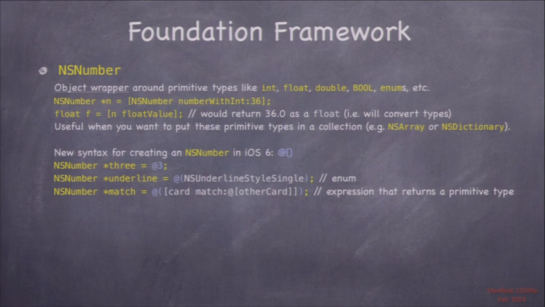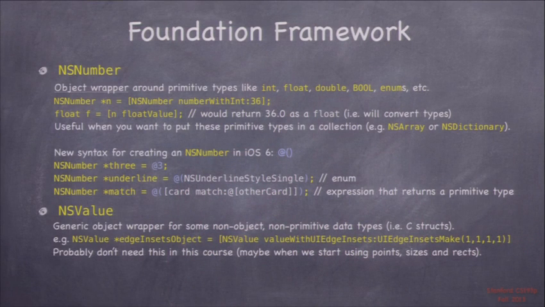If you put the parentheses, then you can put things inside like calls to methods that return a primitive type, or enums, or anything you want in there. Any expression that evaluates to a primitive type can be put inside of parentheses, and it will create an NSNumber with the result. Everybody understand that syntax? Other languages kind of have this auto-boxing stuff.